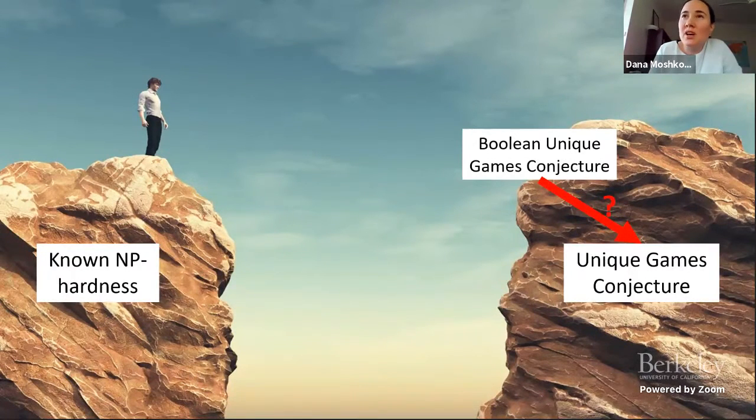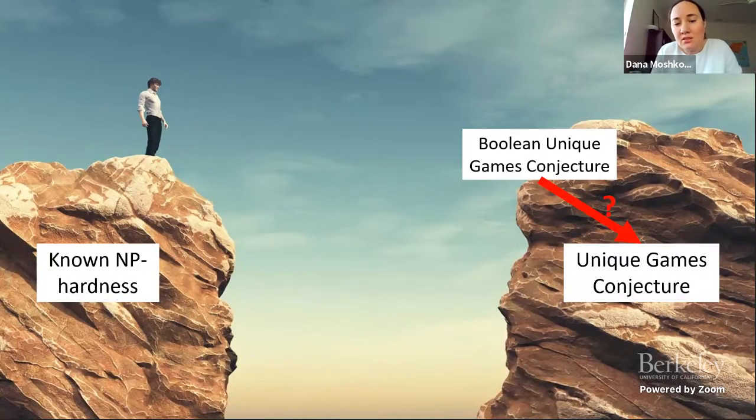Recently, there were two works, I was involved with one of them, that gave us some reason for optimism. So you can get strong parallel repetition in certain settings. There are ways to avoid the known obstacle. But this is all material for different talks. So for this talk, we only care about this Boolean Unique Games conjecture.